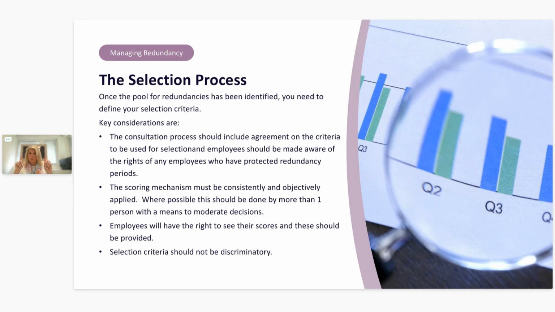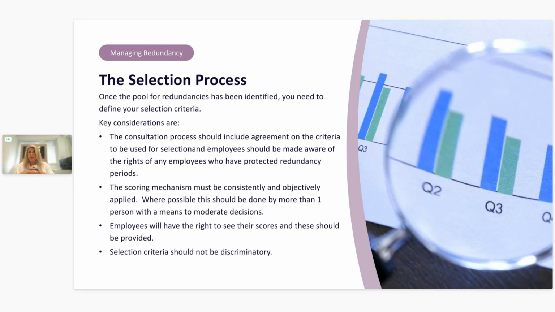Equally, if you've got two teams that are impacted and two managers assessing their teams, you need to make sure that there is a moderation process so that the ratings between the two team managers is deemed to be fair and reasonable.